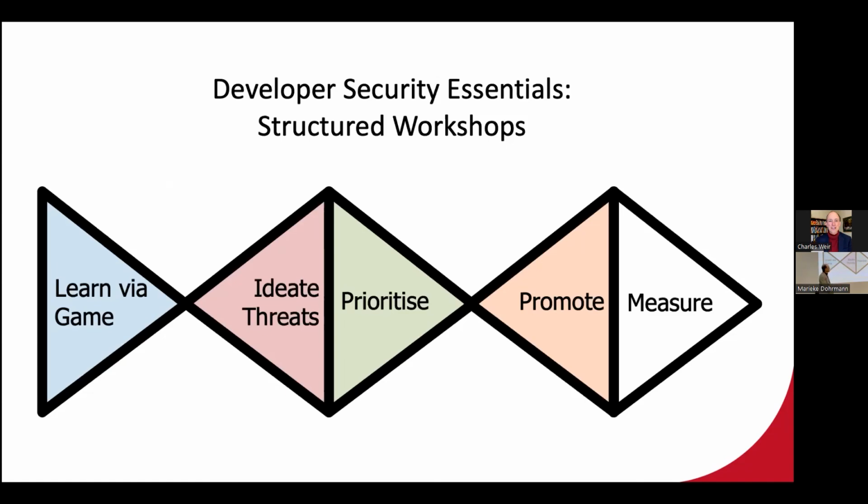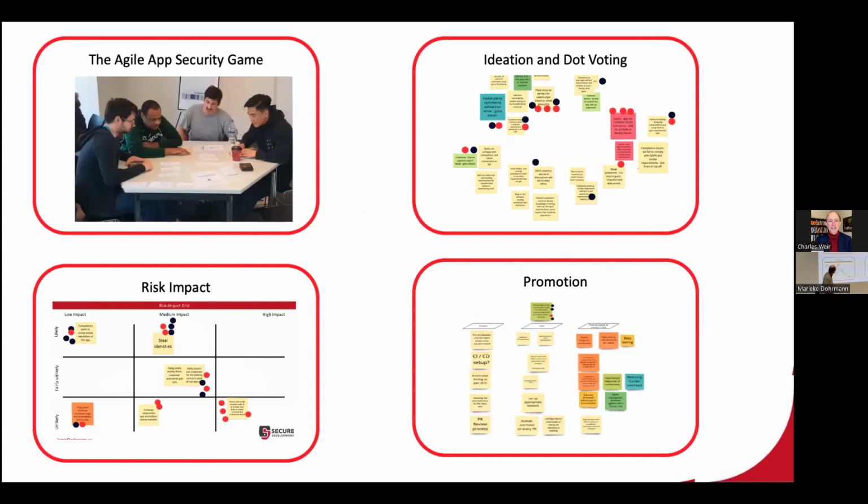And finally, working with those developers, we measured whether they were actually improving in some way the security or the ways they talked about security. It all looked a bit like that: game, dot voting, risk impact, then promotion workshops.